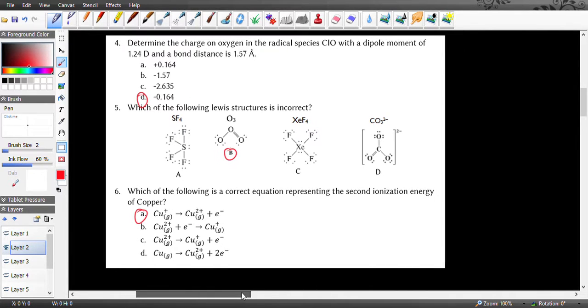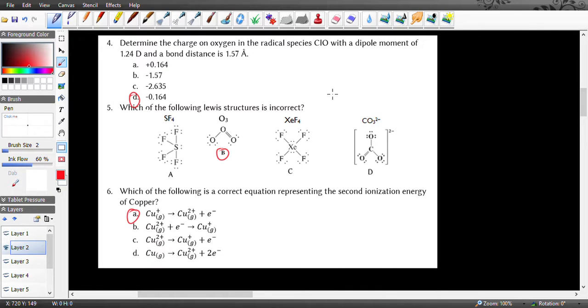Okay, so to work out number 4. Determine the charge on oxygen in the radical species ClO with a dipole moment of 1.24 Debye, and a bond distance of 1.57 angstroms, and that's going to be our R. So we know we're solving for Q here, just like we did on problem number 3.